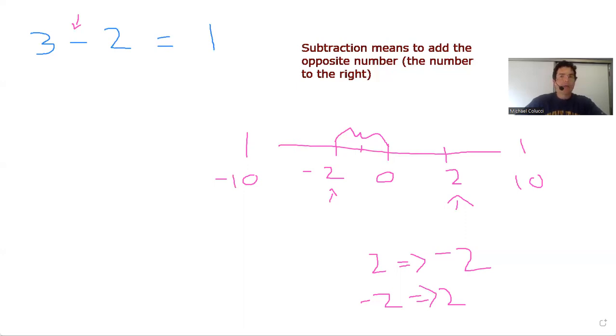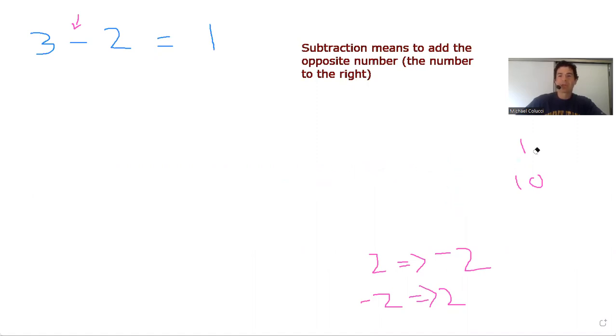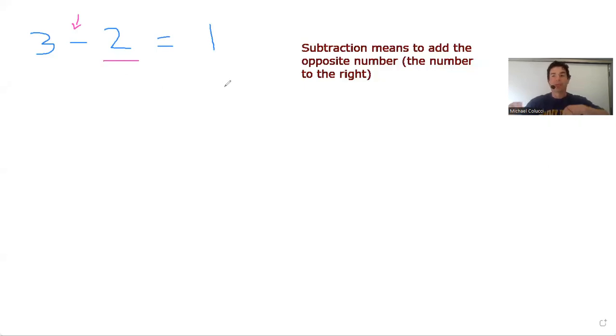All right, so let's go back to breaking this down. A subtraction, we know what subtraction is, means to add the opposite number. We've learned what the opposite number means. And by number, we mean the number to the right of the operator. That is this number here, the 2, the number that we would traditionally say that we're taking away from the first number.